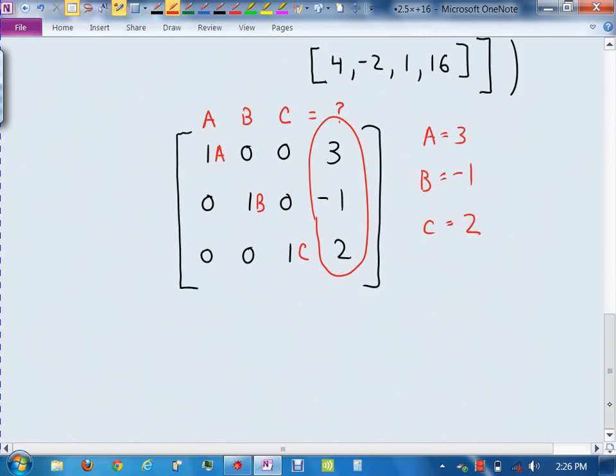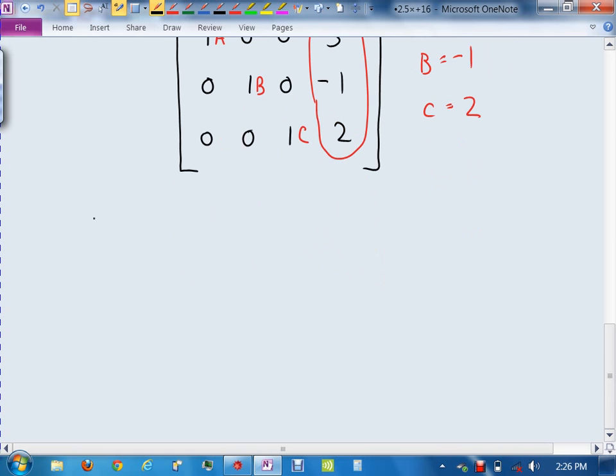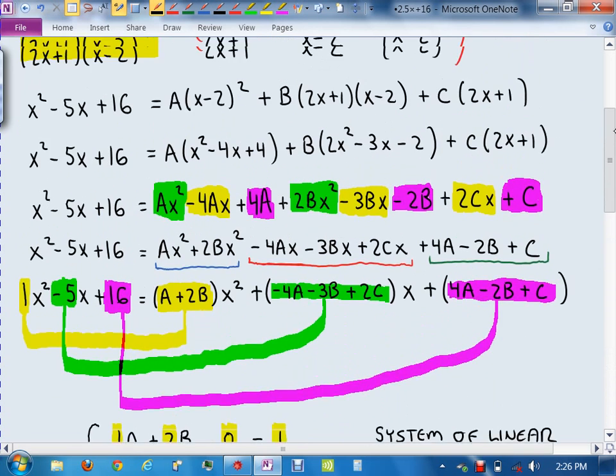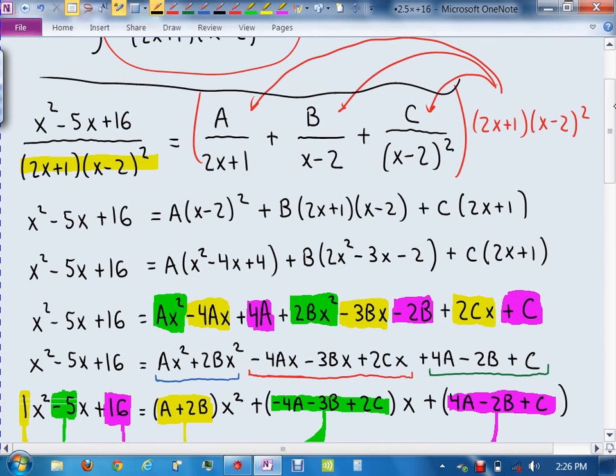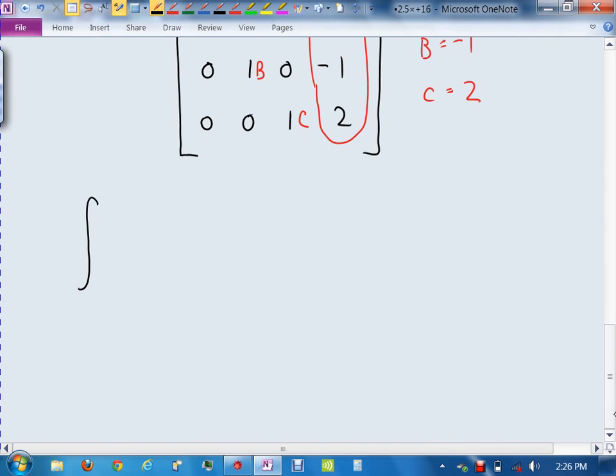Okay. So what's my integral going to be? Let's get back here. My new integral is, we didn't do division, did we? There it is. So it's A over 2x plus 1. A was 3 over, I already forgot.